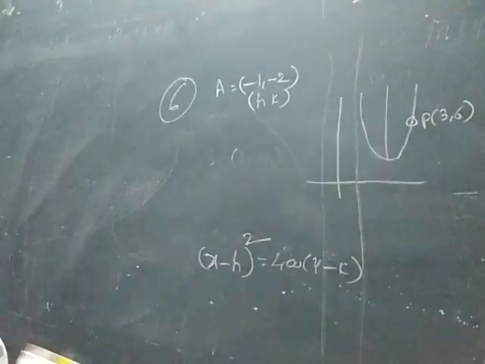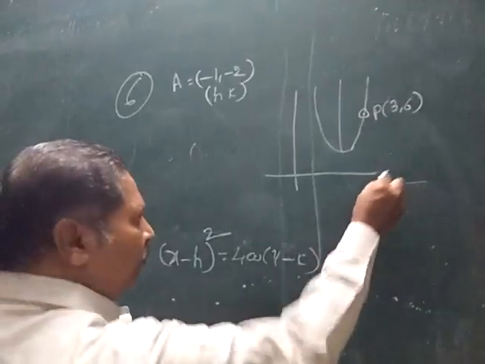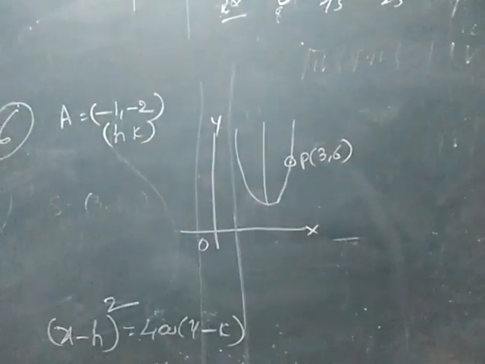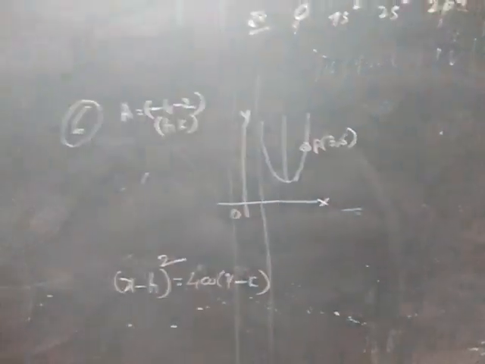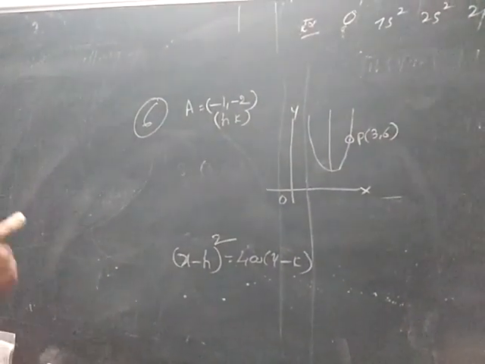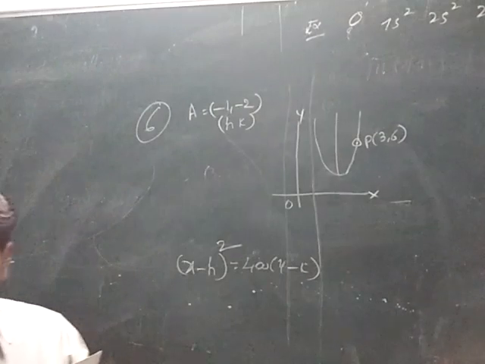Write down, take this diagram also. Vertex (minus 1, minus 2), h comma k.